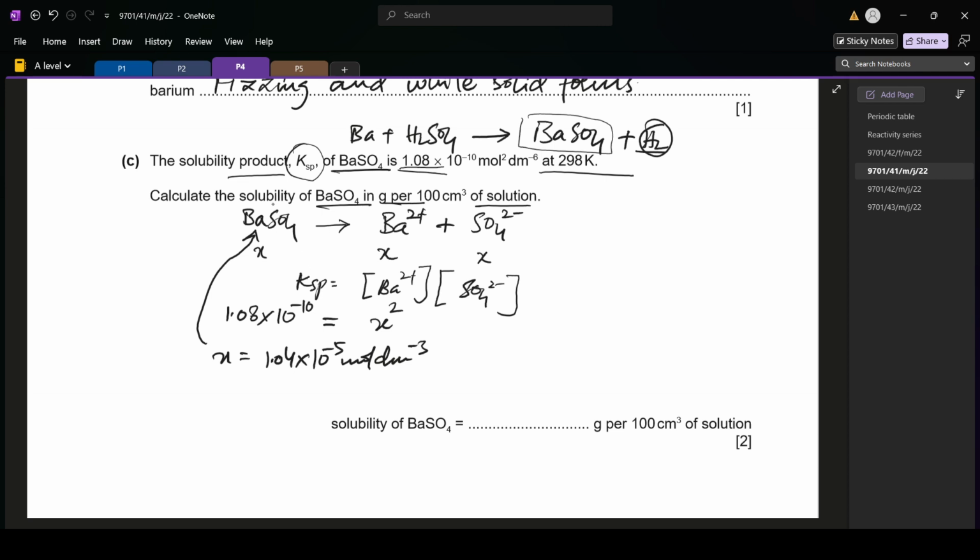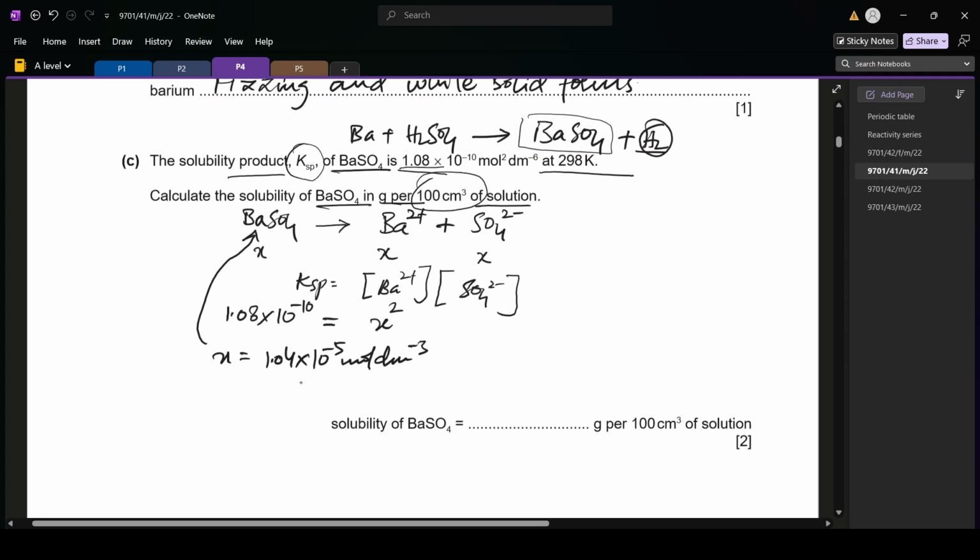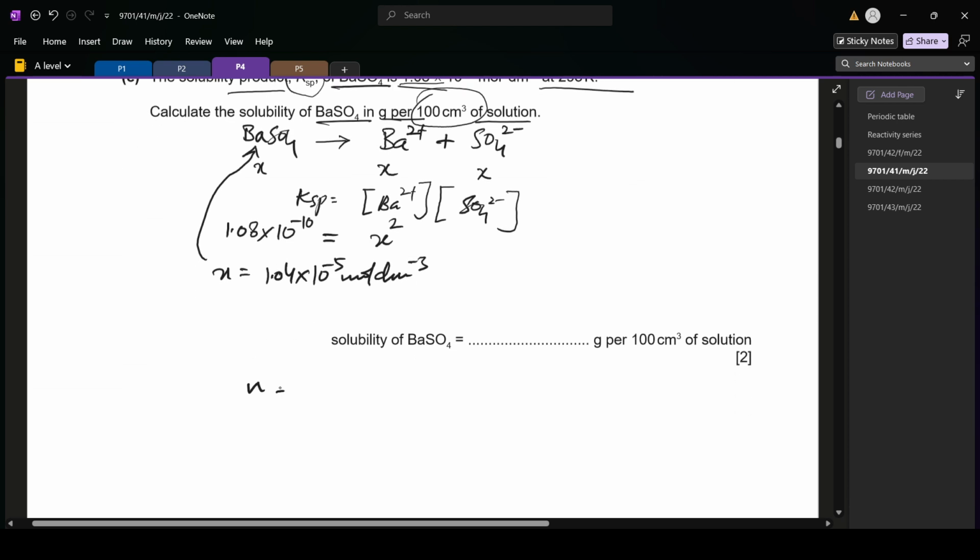Okay, but you want the solubility in gram per cm³. So to change it into gram, you have to multiply it by the Mr of barium sulfate, because number of moles is equal to mass divided by Mr or Ar.